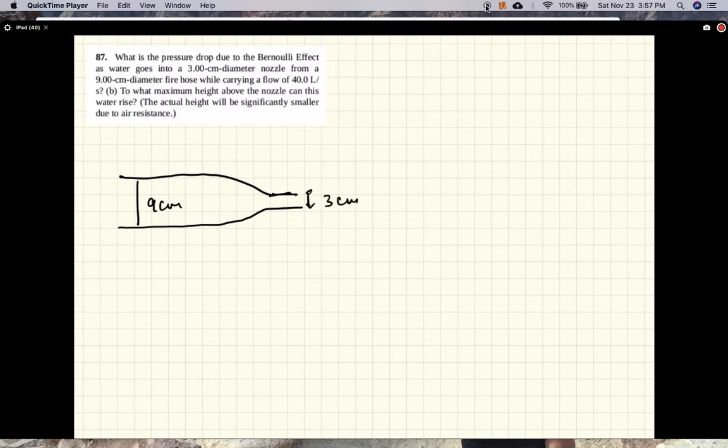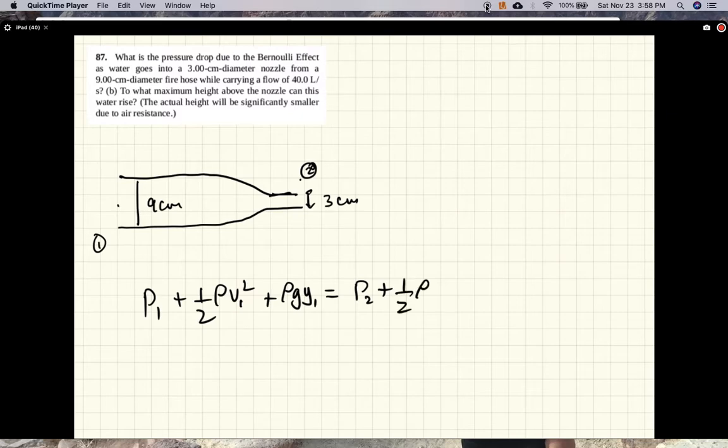We'll call this location 1, location 2, and what Bernoulli says is pressure at location 1 plus kinetic energy per unit volume at location 1 plus rho g y1, the potential energy per unit volume at location 1, is equal to the sum of the same quantities at location 2.